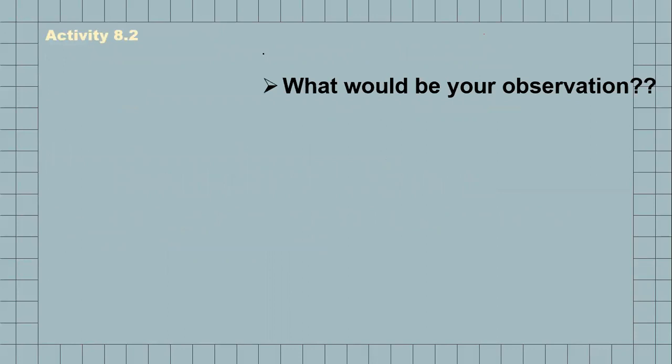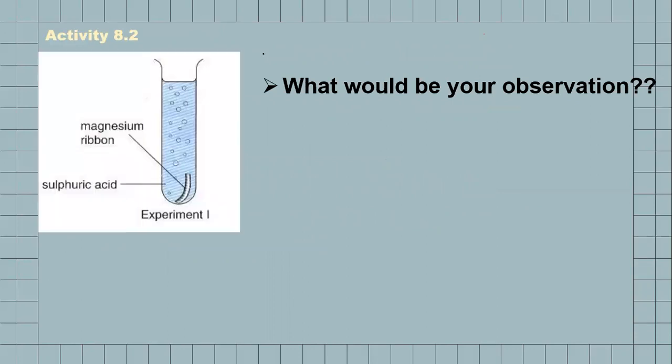Activity 8.2. Here, take a test tube and add sulfuric acid into it. Before adding magnesium ribbon, measure the temperature of the sulfuric acid and then add a magnesium ribbon. See what happens. What would be your observation?